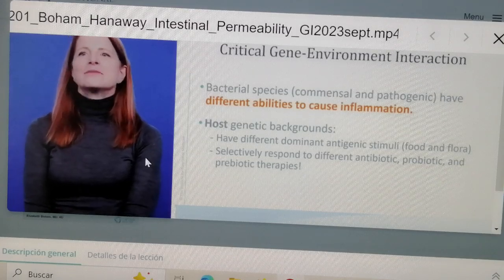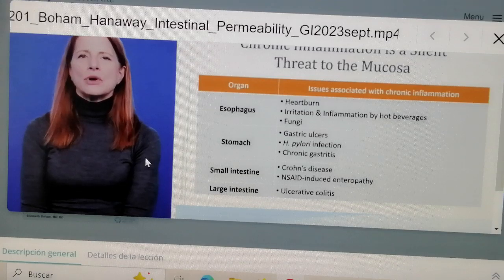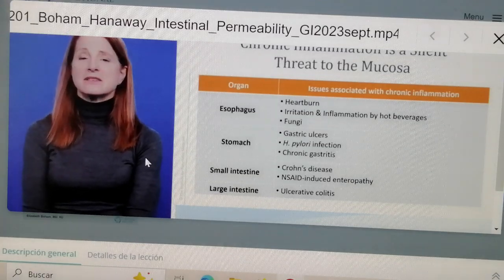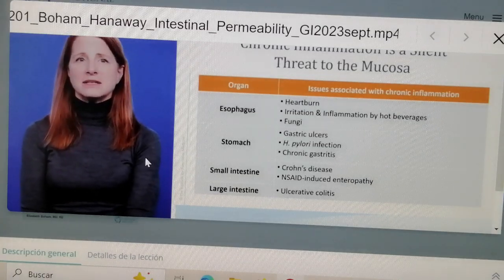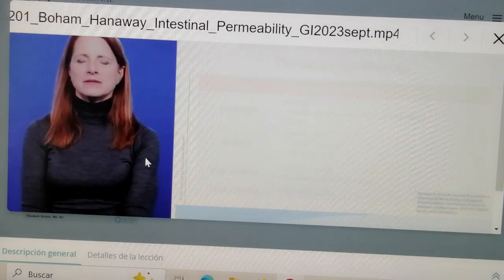Of course, our diet, right? So there's a lot of things that impact how we respond. But we do know that excessive chronic inflammation is not good for us and associated with many disease states. And so we want to really think about what we can do to calm it down.